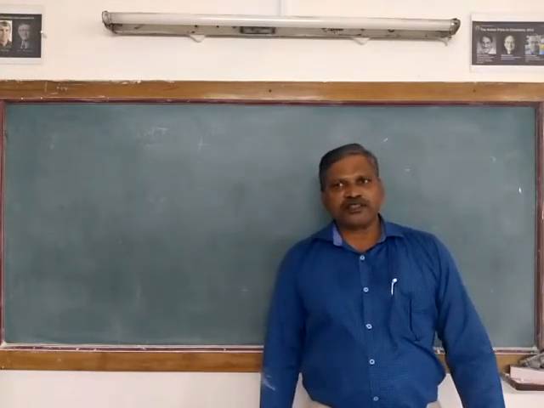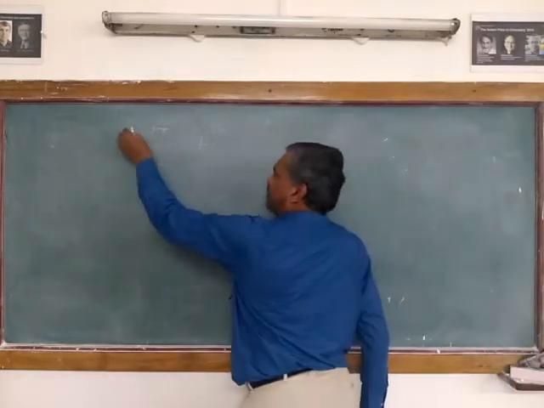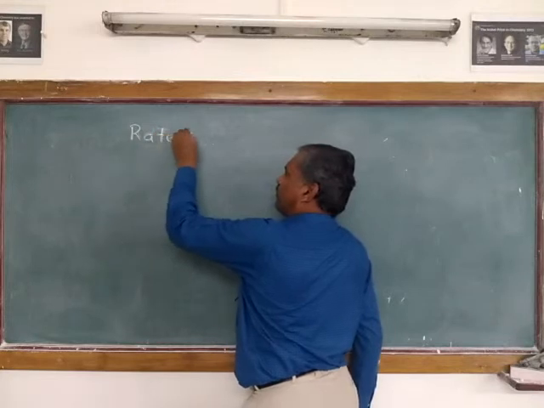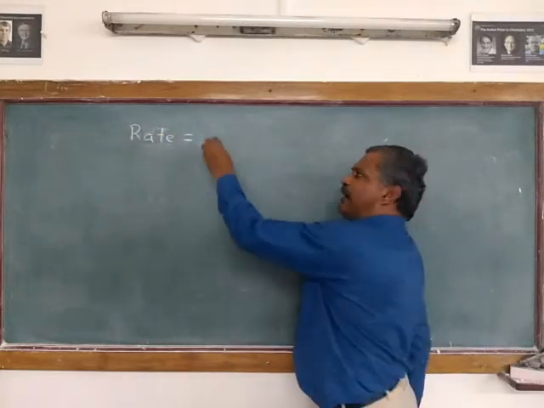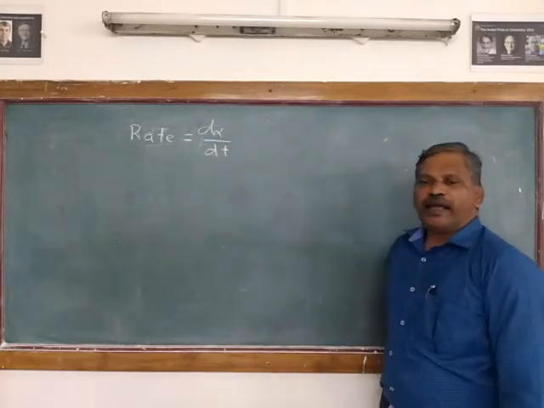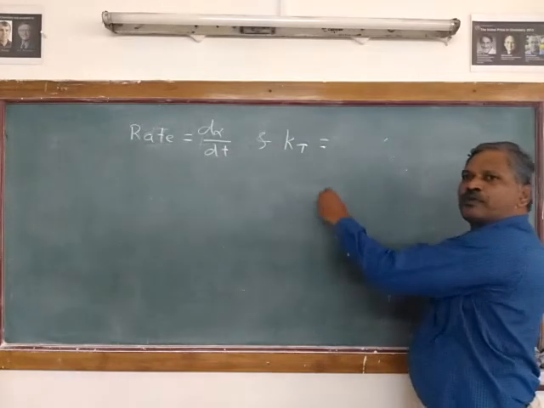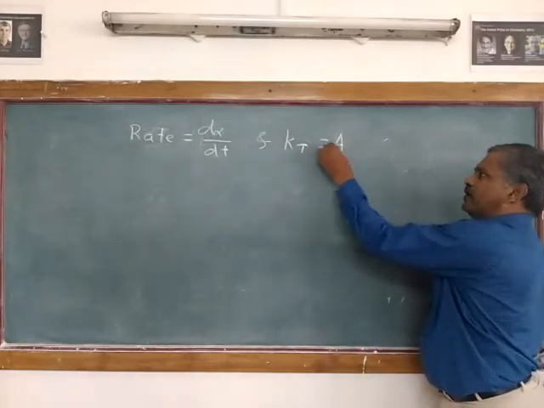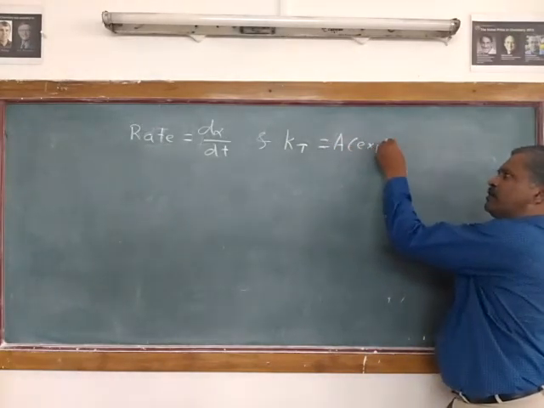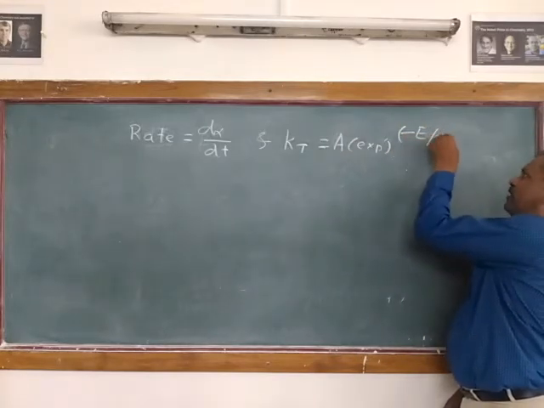Differential equations. From the equation, rate is equal to d alpha by dt, and the Arrhenius equation, k(T) is equal to A exponential minus E by RT.